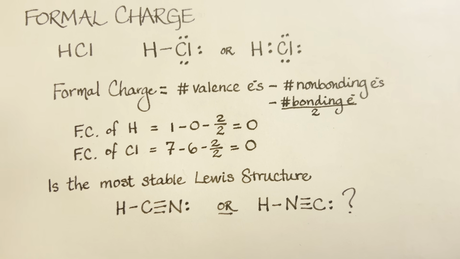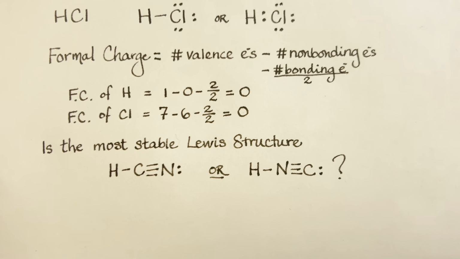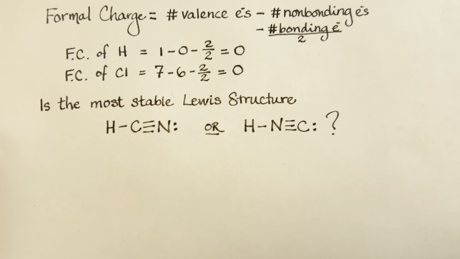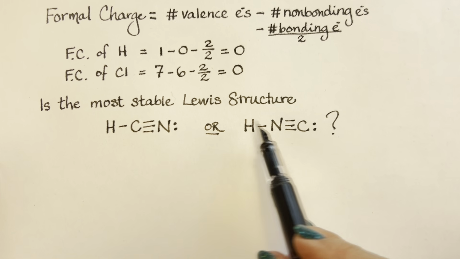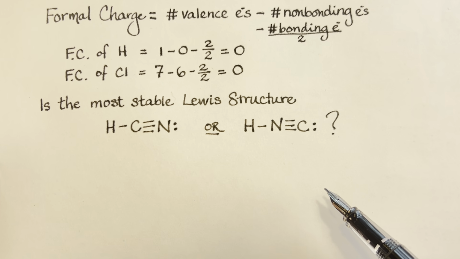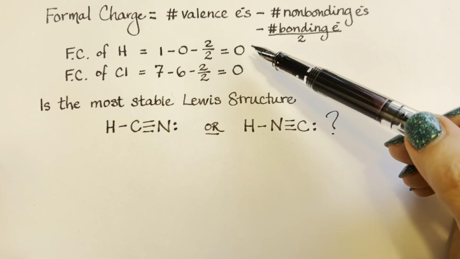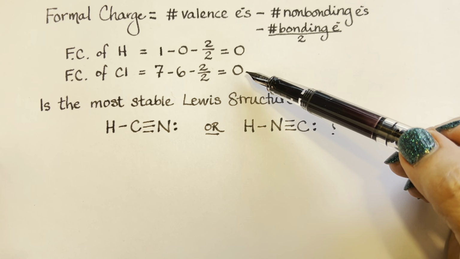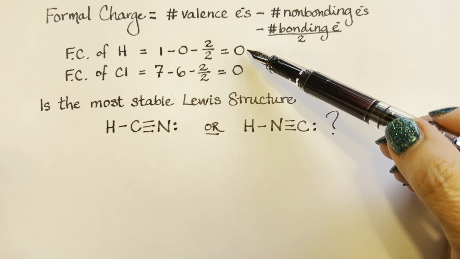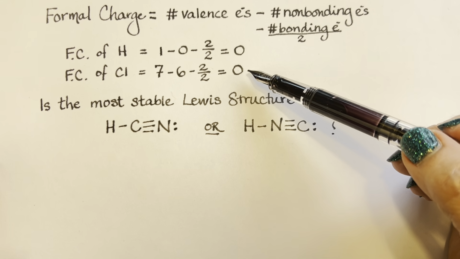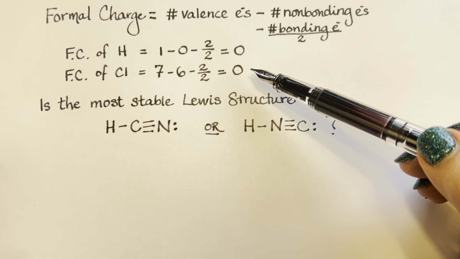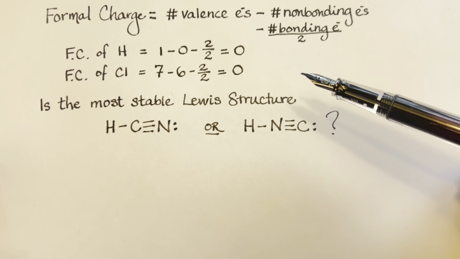Okay, so here's our question. Move this up a little bit. Okay. And we can use formal charges to determine this. That is based on if your formal charge ends up being 0 or negative, that is going to be more stable on the more electronegative atom.